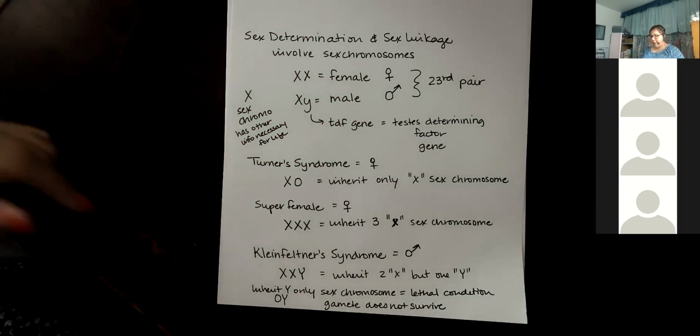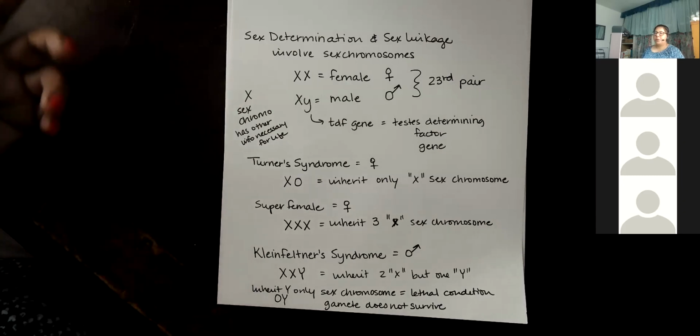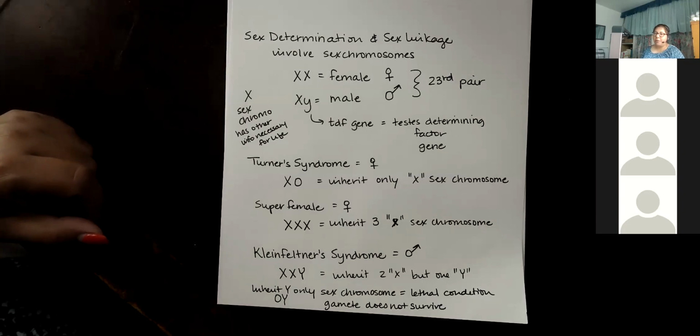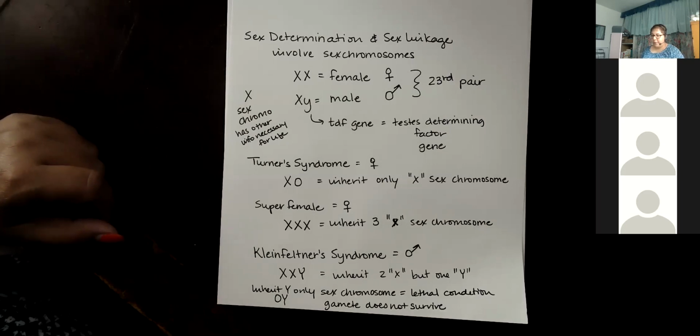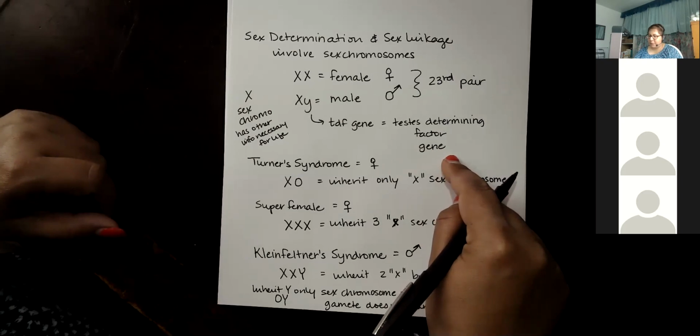So you have to inherit at least one X chromosome in order to survive. You don't have to inherit a Y chromosome at all in order to survive. But if you do inherit a Y chromosome, then you are considered genetically male and you'll develop male sex organs.